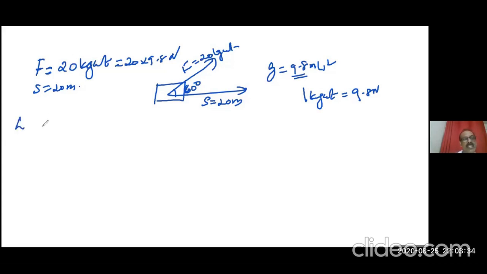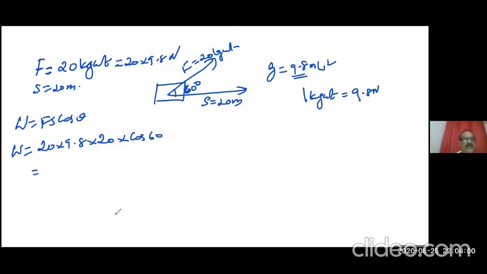Then work done is equal to F s cos theta. W is equal to F, which is what? 196, 20 into 9.8. S is 20 meter. Cos 60. Your answer will come around 1,900 and something.